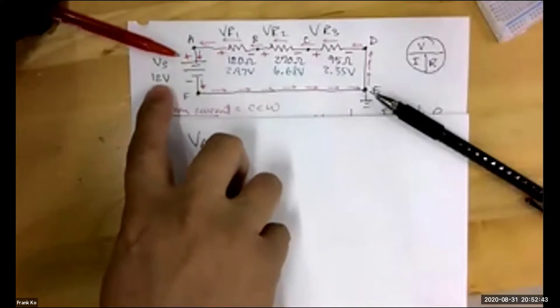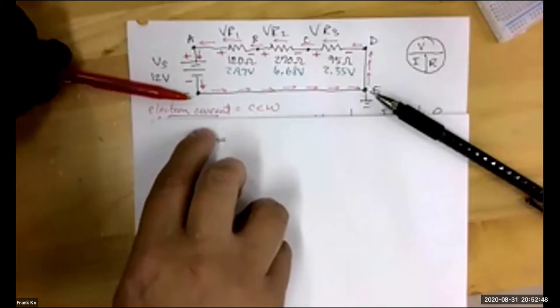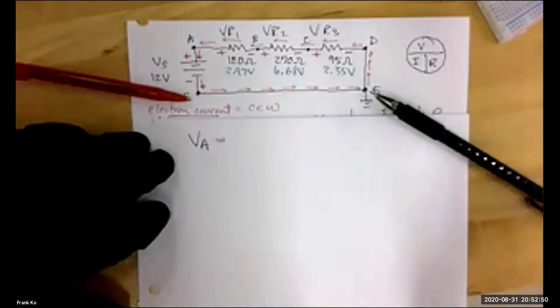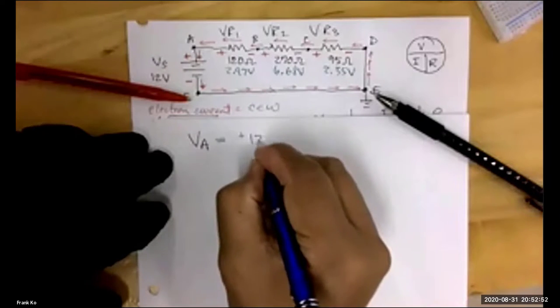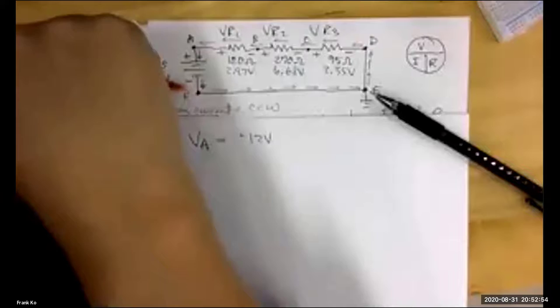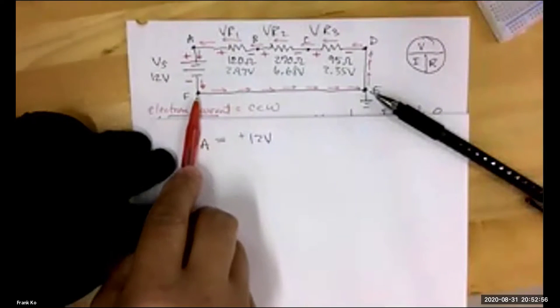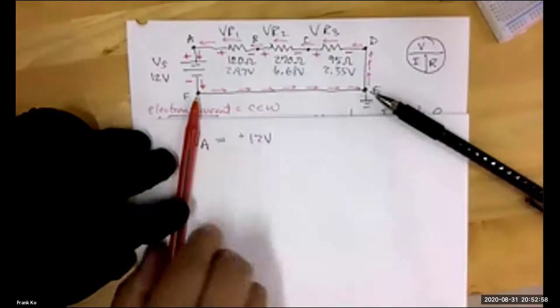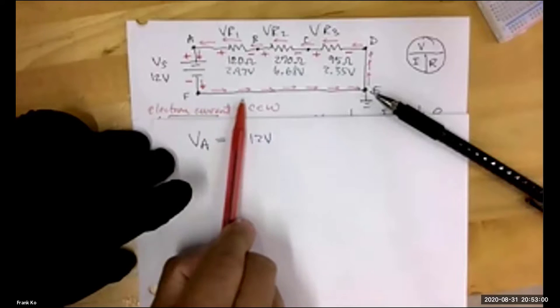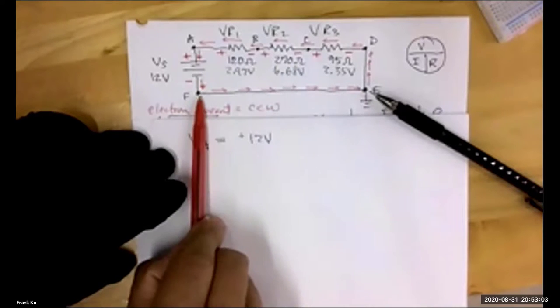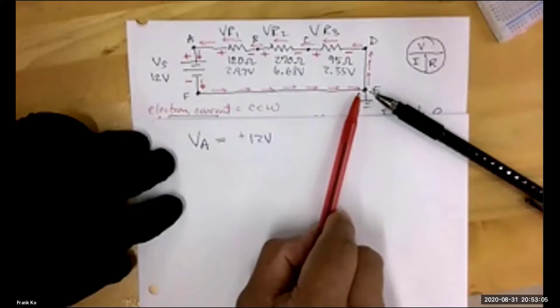Positive. Positive what value? 12 volts. And I'm now over here. So VA is equal to plus 12V. And once I'm here at point F, I still have to venture towards ground. Well, guess what? Point F and ground are the same point. It's one wire. So there's nothing else to add.